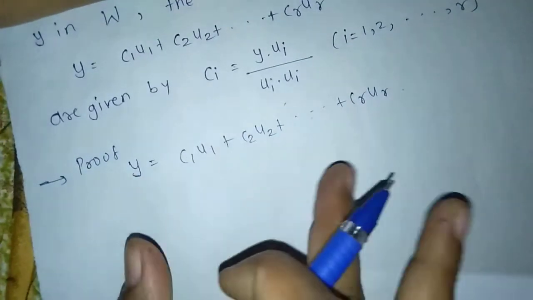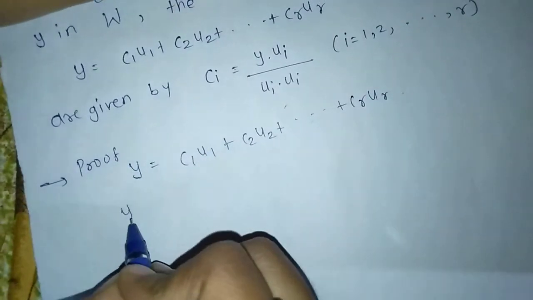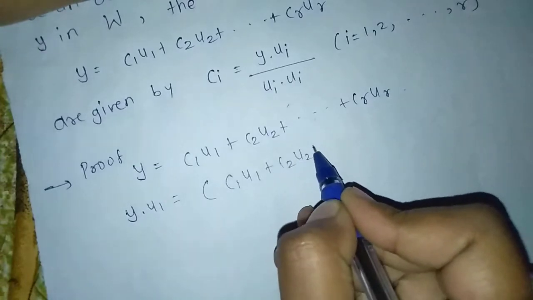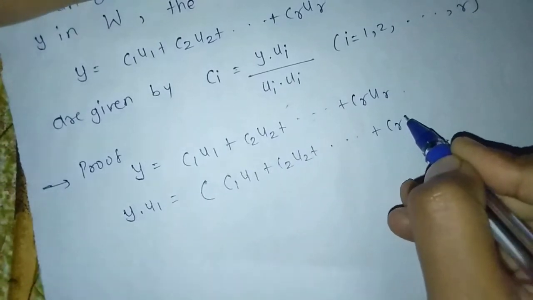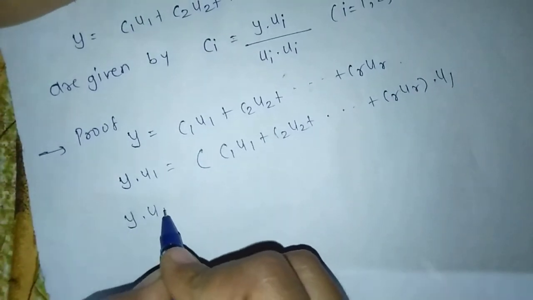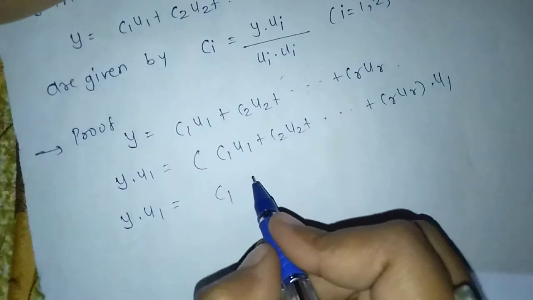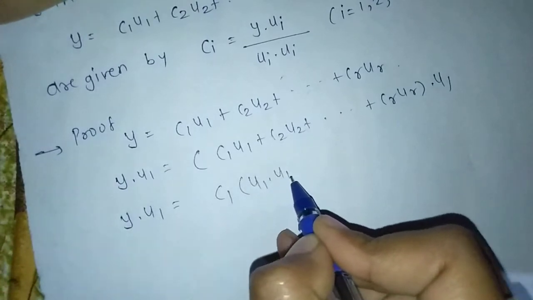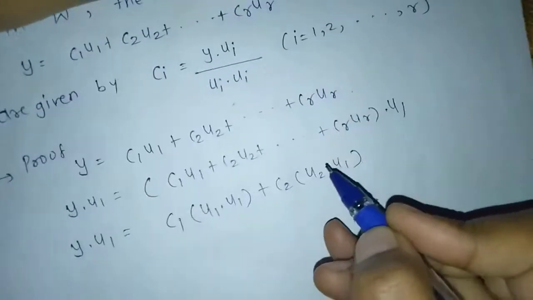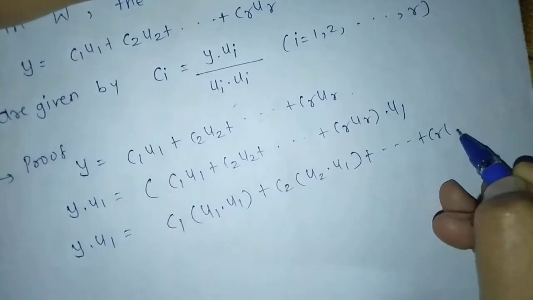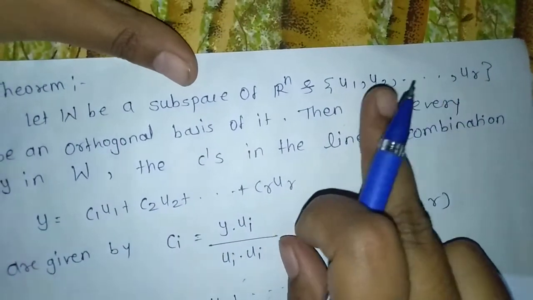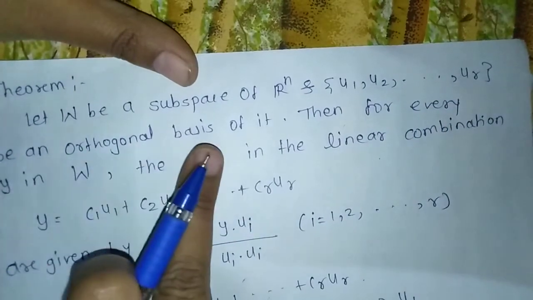Now multiply U1 on both sides of this equation, which means y dot U1 is equal to C1 U1 plus C2 U2 plus and so on plus CR UR, dot U1. So y dot U1 is equal to, taking scalars outside, C1 U1 dot U1 plus C2 U2 dot U1 plus and so on plus CR UR dot U1. Here it is given that this set U1, U2 and so on UR is an orthogonal basis.